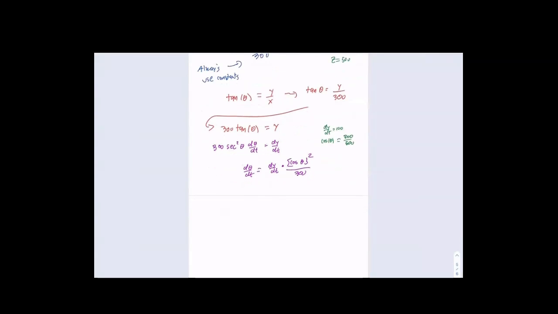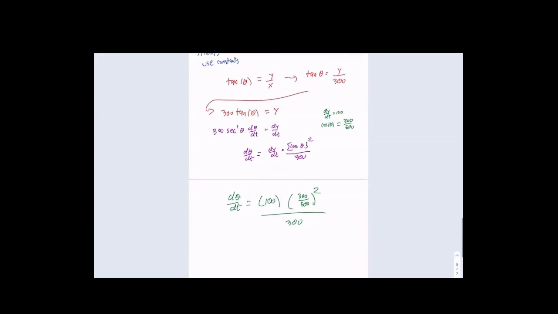All right, now we just plug everything in. So d theta/dt is equal to 100 times (300 over 500) squared, all over 300.